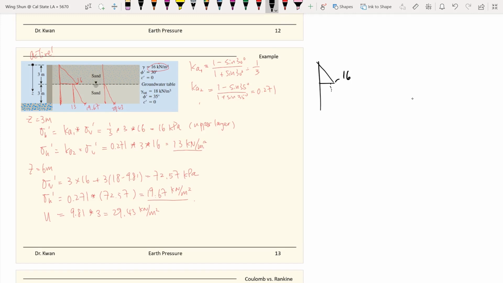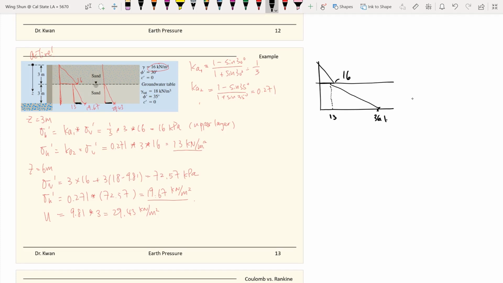And then we have the 13 right here from the first layer of soil, but you have the second layer of Ka values. And then we add on the two parts, the soil part and also the water pressure, and that gives us a different slope here, which will be 36 plus 1, which belongs to this part and this part.